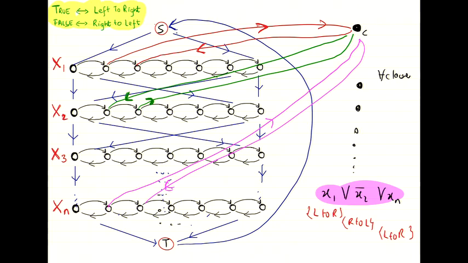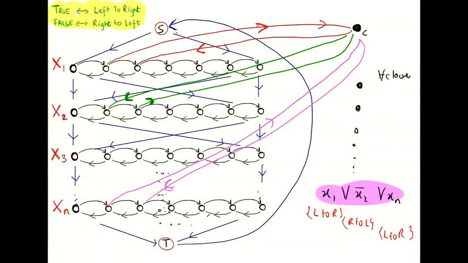Yes, question? Okay, good question. So the question was, does it matter why I drew these long paths for each of the variables? It matters in that when I have many clauses, I don't want you to do lots of very spurious things, like going from one clause to another clause and so on.